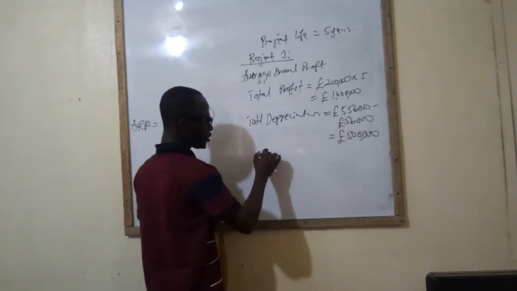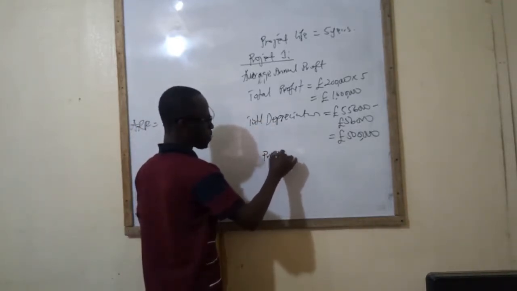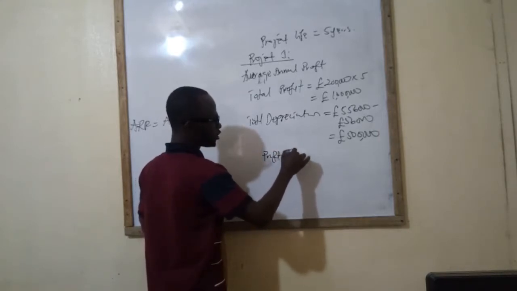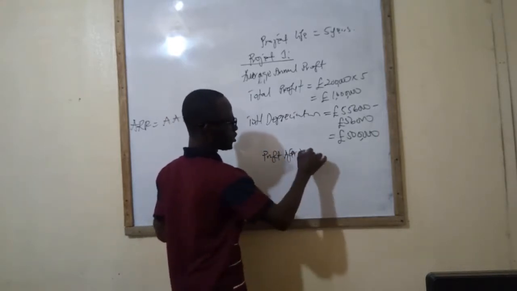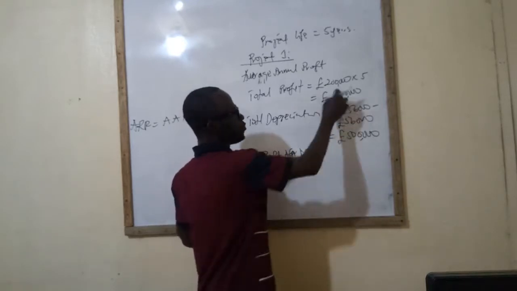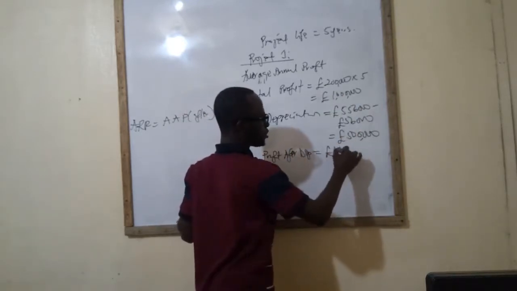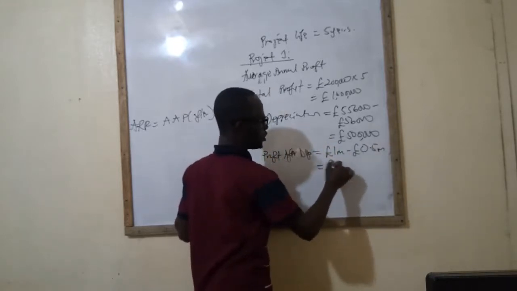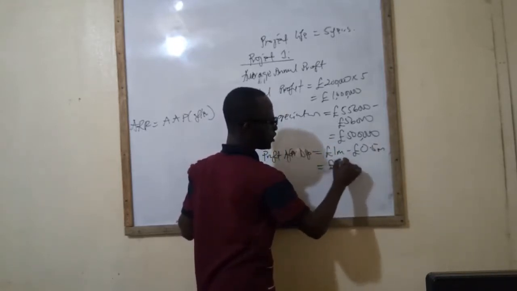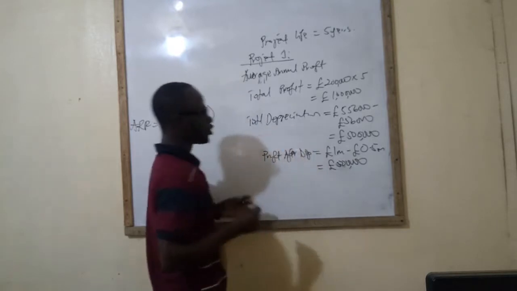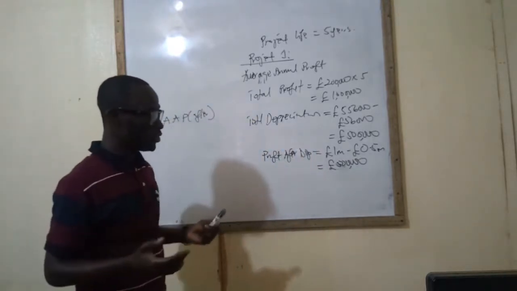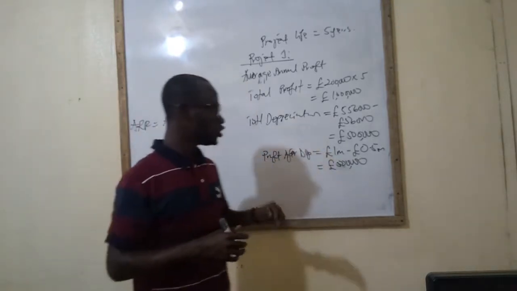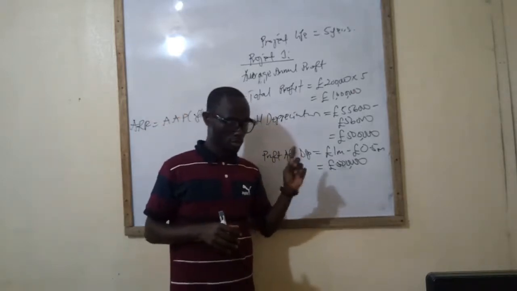So profit after depreciation is going to be £1 million minus £0.5 million, and that will lead us to £500,000. So the total profit after depreciation on the asset is going to be £500,000.